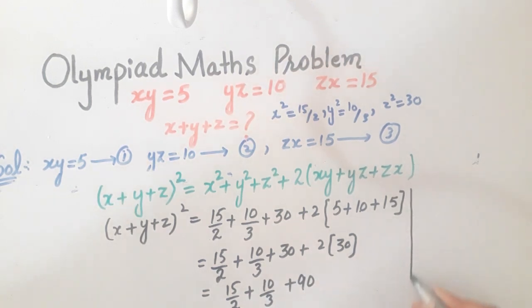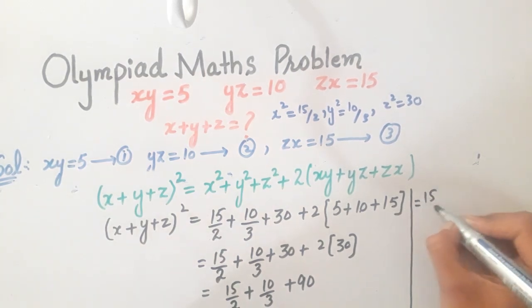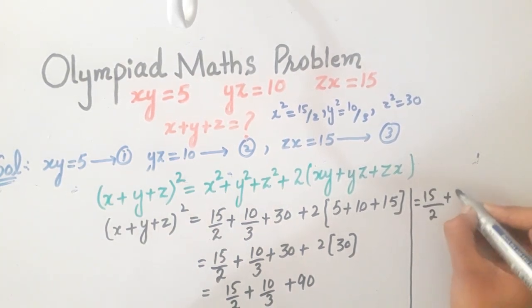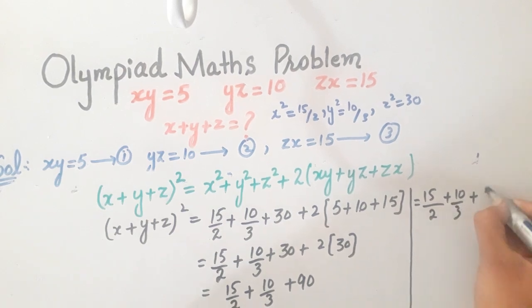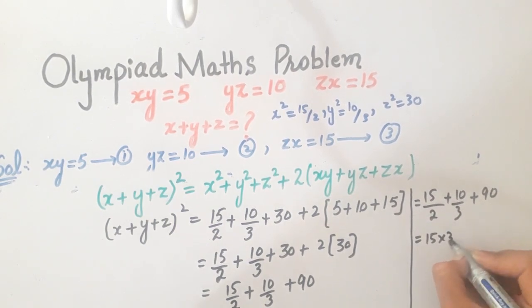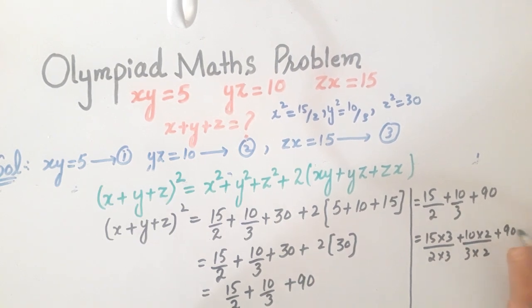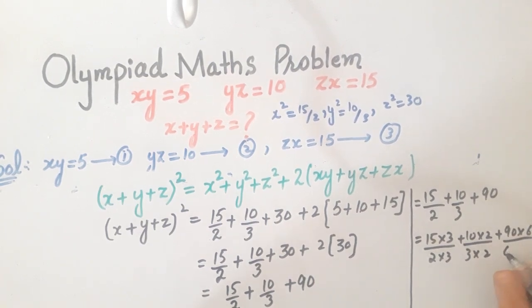Now we will take the LCM of this. So we get 15 by 2 plus 10 by 3 plus 90, as 15 is multiplied by 3, 2 is multiplied by 3, 10 is multiplied by 2, 3 is multiplied by 2 and 90 is multiplied by 6 and 6 is multiplied by 1.